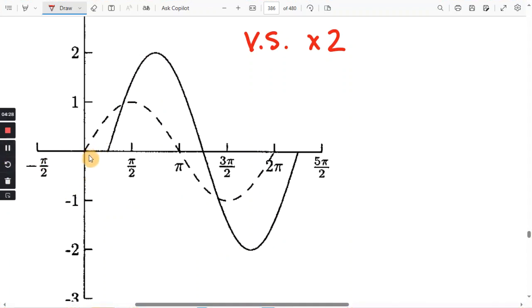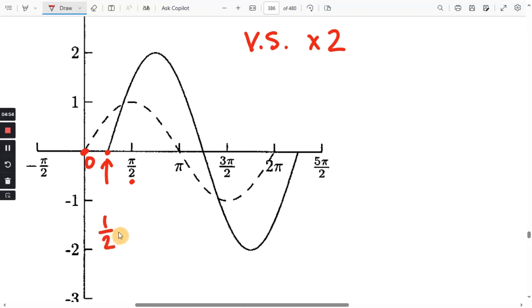All right, notice the original one starts at 0, whereas the transformation one starts here. All right, so it seems to be about halfway between 0 and pi over 2. See, this point right here is pi over 2. This is 0. So what's this point right here? I say that's halfway between pi over 2 and 0.